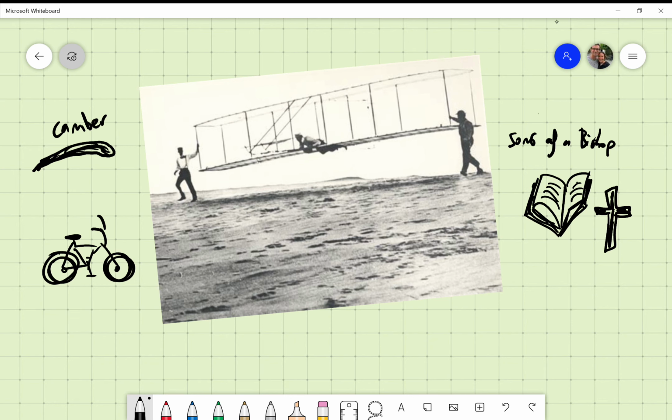So these guys really epitomized this kind of stuff that we're talking about. And I would describe it as saying they subdued the wind, like part of creation. They had mastery over the wind. That was one of their goals.